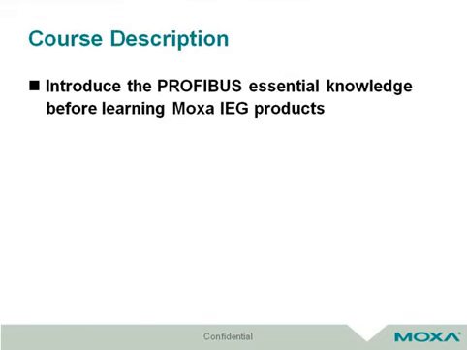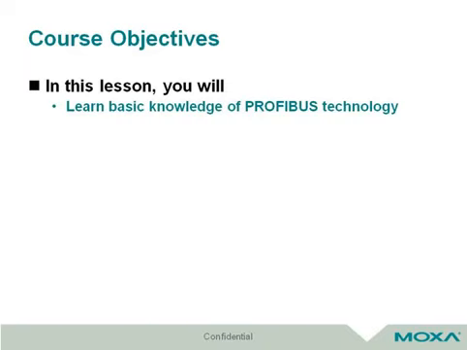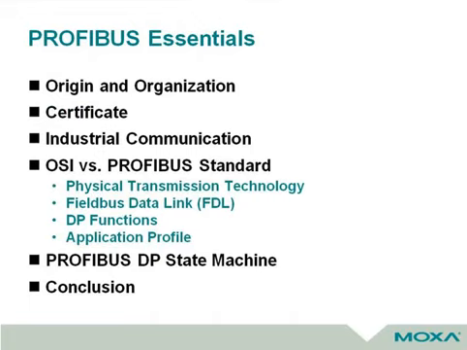This lesson is going to introduce you to the PROFIBUS essential knowledge before learning most IEG products. In this lesson, you will learn the basic knowledge of PROFIBUS technology. The PROFIBUS essentials will cover the origin and organization, and the certificates awarded by PI.